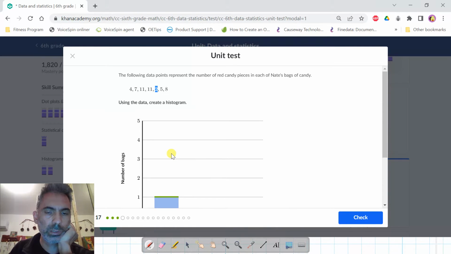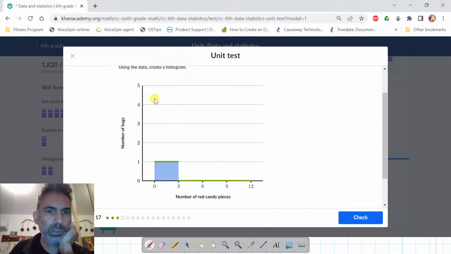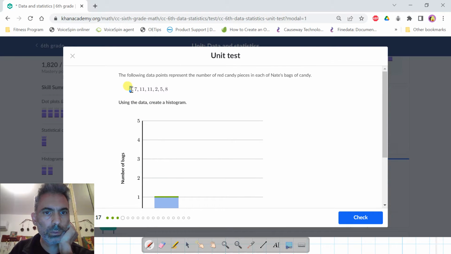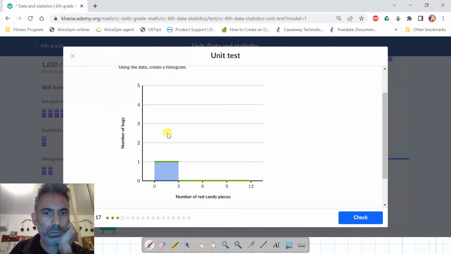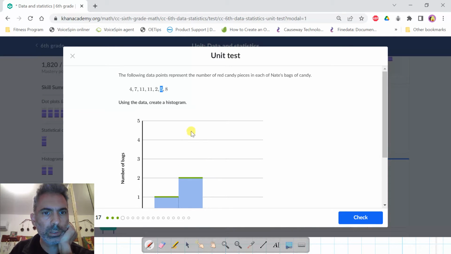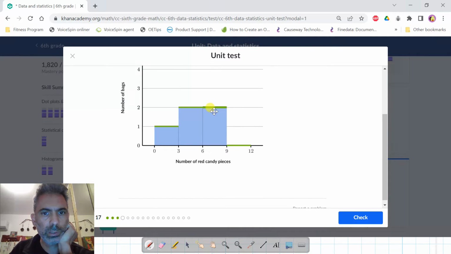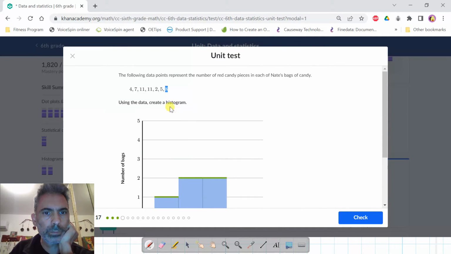How many bags are between 3 and 6? 4 and 5. So we have 2 bags between 3 and 6. Sorry. How many bags between 6 and 9? 7 and 8. So 2 bags between 6 and 9. And between 9 and 12 we have 2.